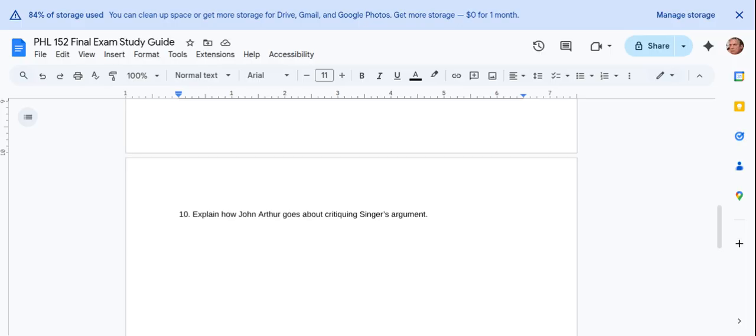What he's saying is Singer is too simple, and that his so-called forward-looking utilitarian or consequentialist view is only part of what Arthur calls our moral code. Other crucial considerations, which he calls backward looking, are essential too.